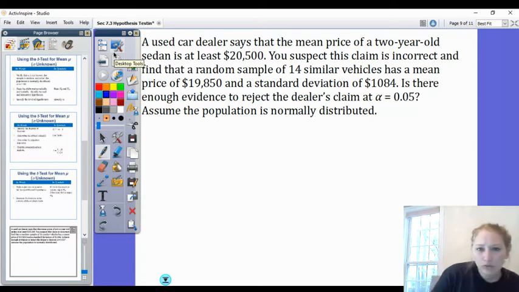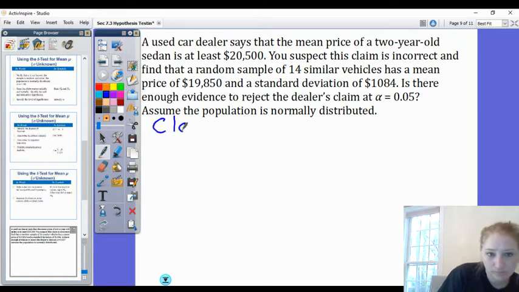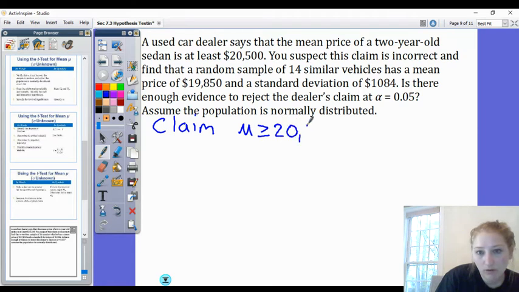We have a used car dealer who is saying the mean price of a 2-year-old sedan is at least $20,500. His claim is at least, so that means greater than or equal to.